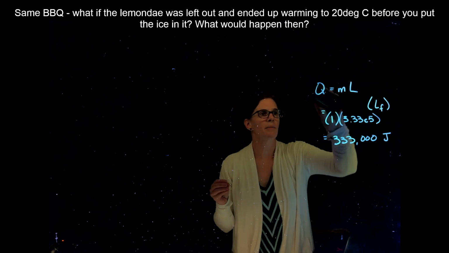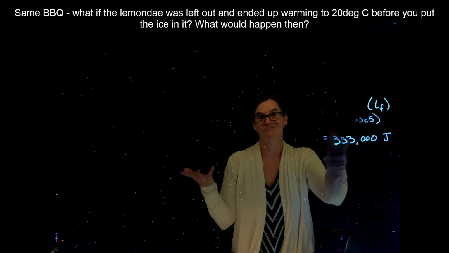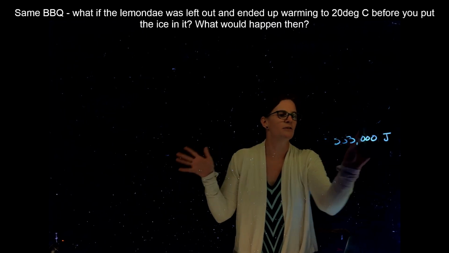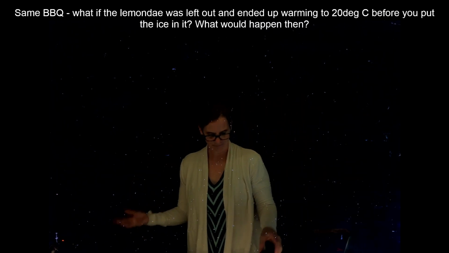So it changes our problem slightly, but first we had to check if we had the heat to spare, so to speak. Okay, so we had to do that check first, and now we've got to figure out what equilibrium is.